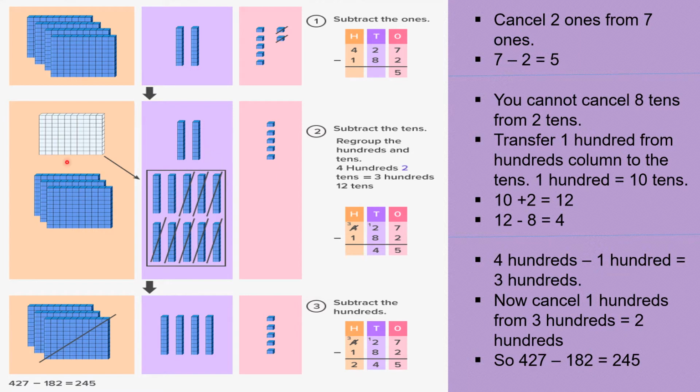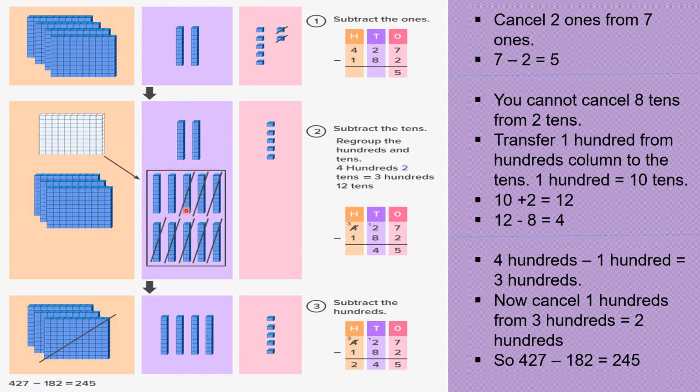So look at this. If I transfer 100 to the tens column, how many tens do I get? 10 tens. 1, 2, 3, 4, 5, 6, 7, 8, 9, 10. So I get 10 more tens.